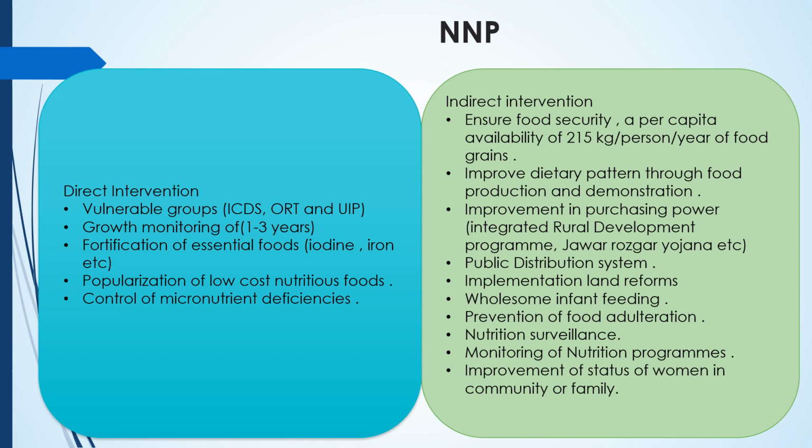Implementation of land reforms, wholesome infant feeding, prevention of food adulteration, nutrition surveillance, monitoring of nutrition programs which are planned under the National Nutrition Policy, and improvement of the status of women in the community or the family are the major indirect interventions of the National Nutrition Policy.